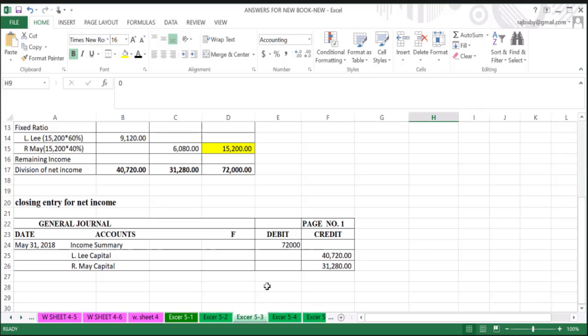Okay, I have a question. I don't calculate the total division of net income. Should I count Lee and May's division of net income, or should I count just total income? You have to calculate separately, individually. Because individually you are transferring to each capital, each partner, they have different accounts for the capital, right?